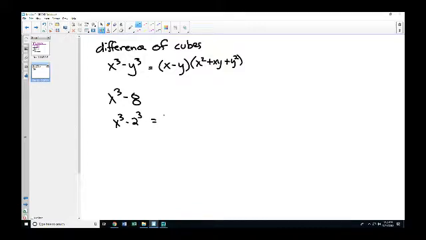Yeah, okay, that matches. First term squared, and then multiply these two terms, y and 2, and then 2 squared. So you see how the progression works? It's squared, multiply, squared. That's how this quadratic is.